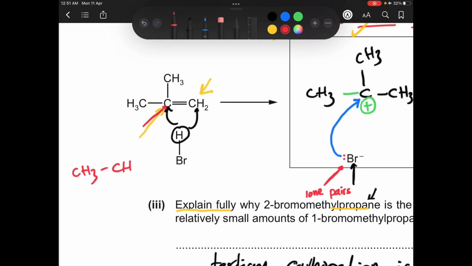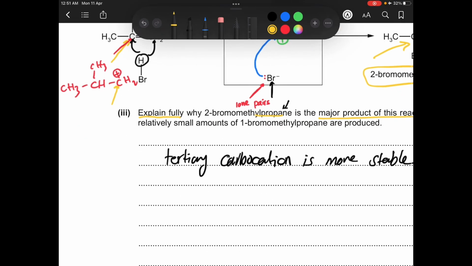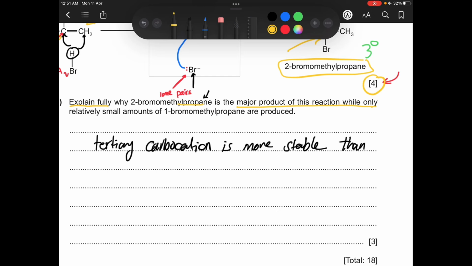It becomes CH with methyl, and you will have CH2, and you will have a plus sign here. So in this case, you will have a primary carbocation, and the primary carbocation is not stable at all. So you say it's a tertiary carbocation, and it's more stable than primary, and you will take a mark on this answer.